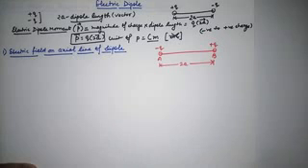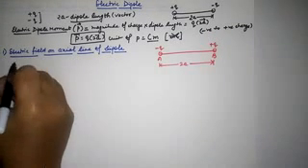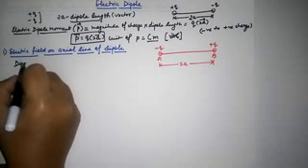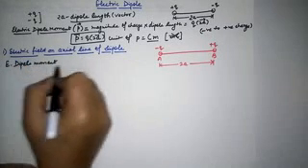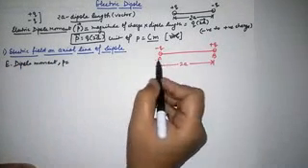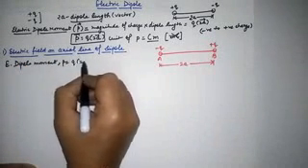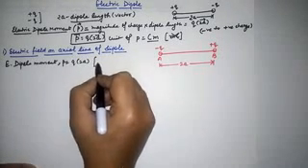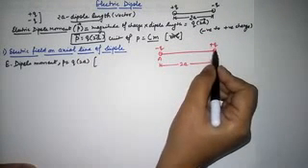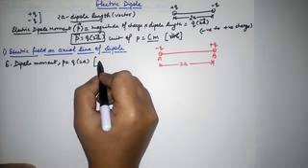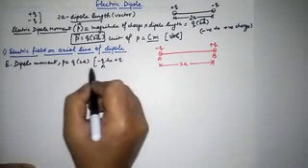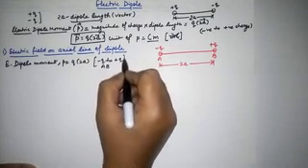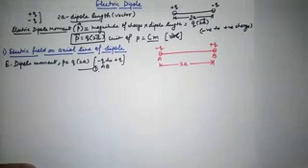So what is the dipole moment? Electric dipole moment P is equal to Q into 2a. And what is the direction? Direction is from negative charge to positive charge, that is from A to B, minus Q to plus Q, along AB. So suppose this is equation 1.